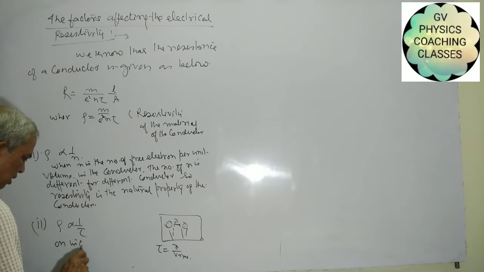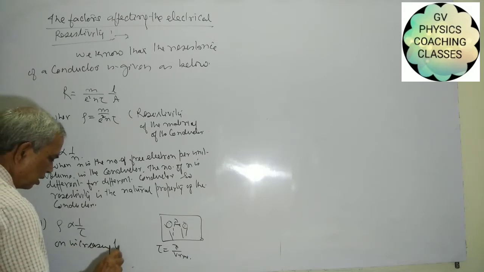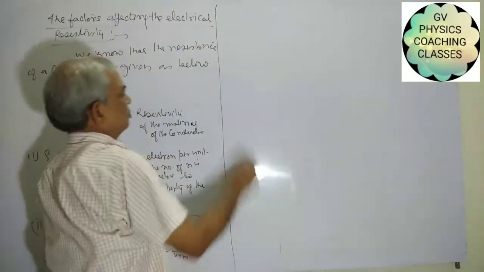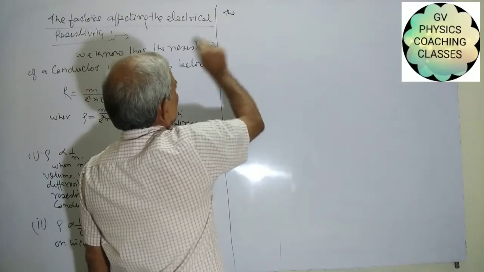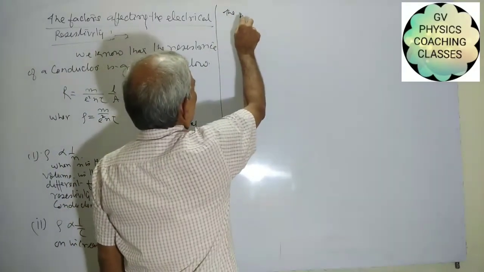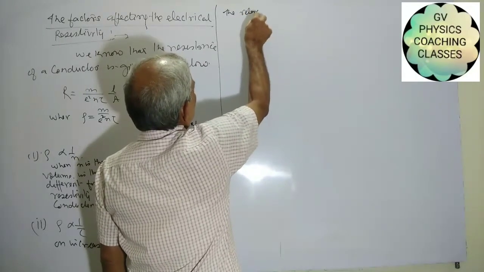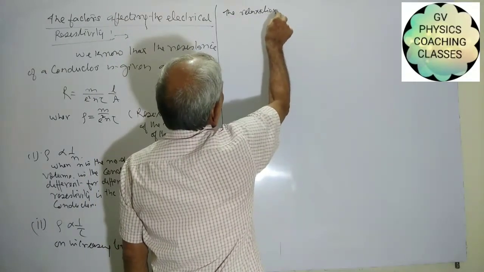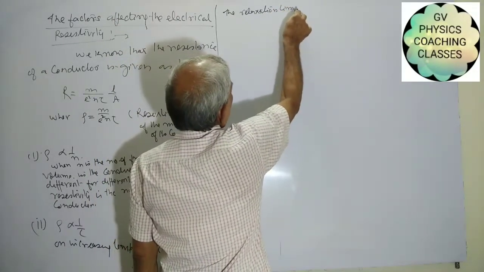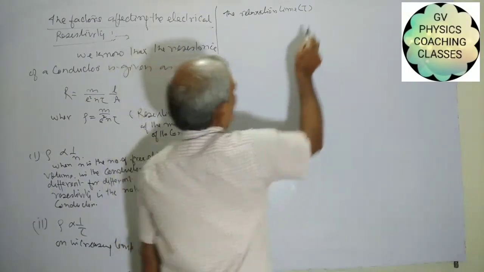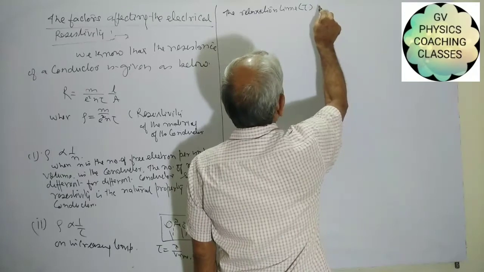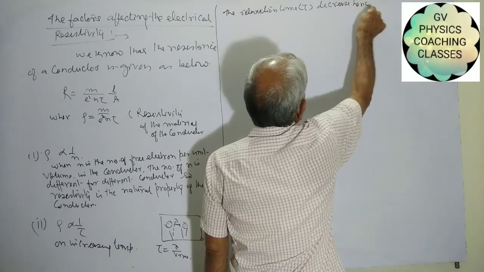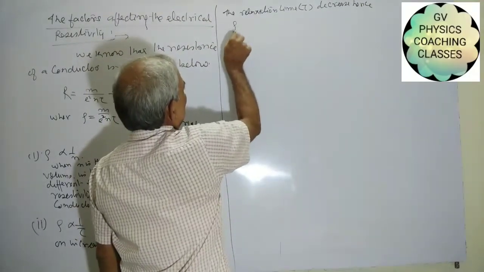On increasing temperature, the relaxation time tau decreases, hence rho increases.